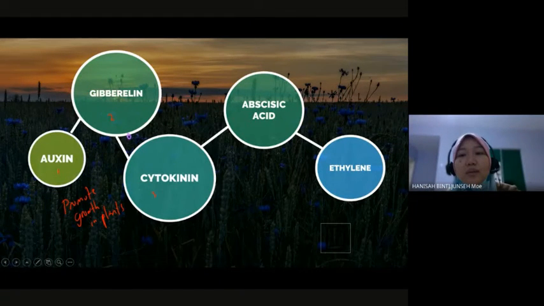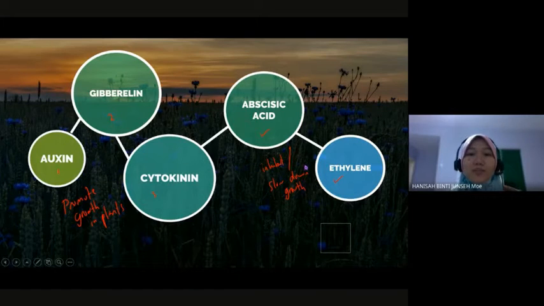While these two, abscisic acid and ethylene, are more to inhibit or slow down growth in plants. That is why we mention the first three first.